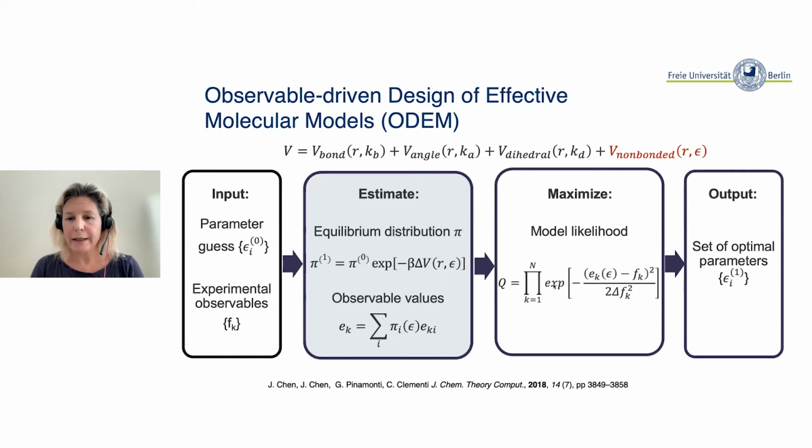And then you define a likelihood that tells you how the observables measured in simulation match the observables obtained from experimental measurements, within the error bar. And if you have many observables, this becomes the product of many exponentials. So if just one of them deviates farther, this likelihood goes down quite quickly.